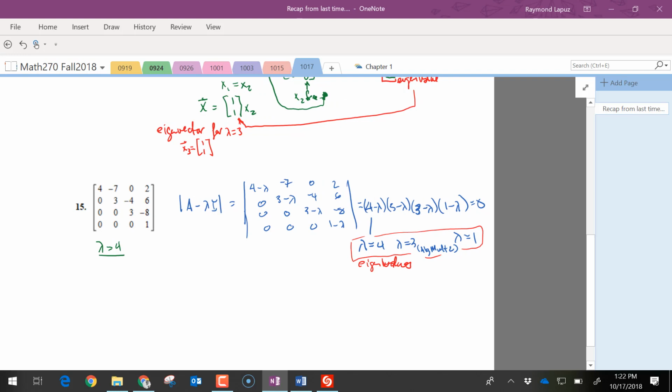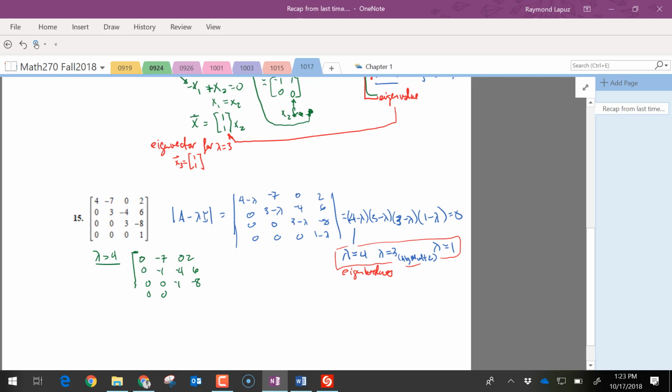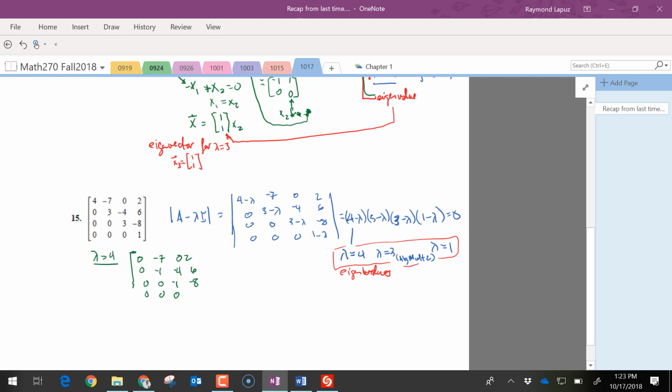So we have the matrix: 4 minus 4, that's 0, minus 7, 0, 2, 0, negative 1, negative 4, 6, 0, 0, 1, negative 1, negative 8, negative 1, 0 and negative 3.